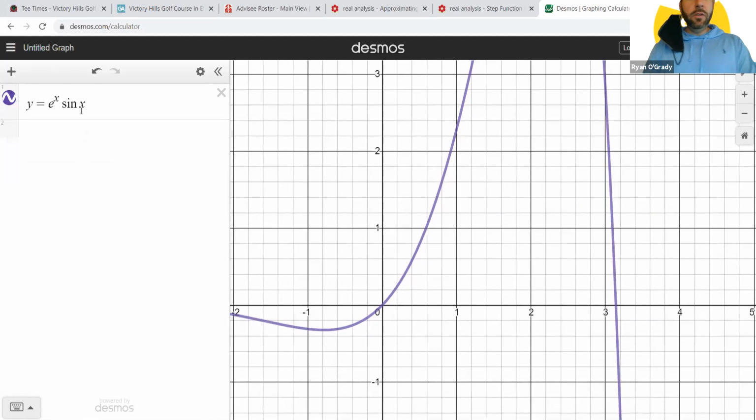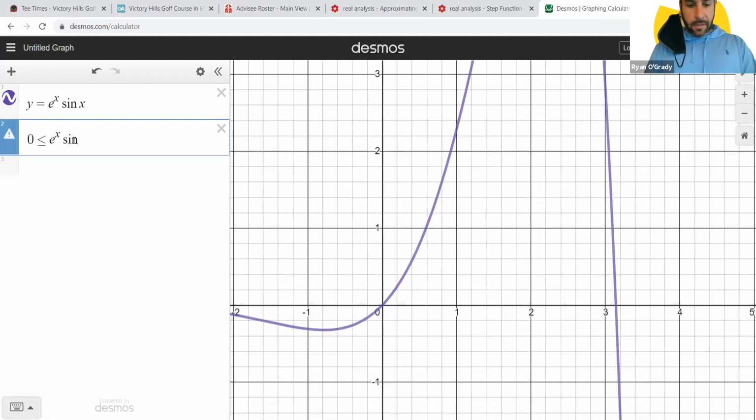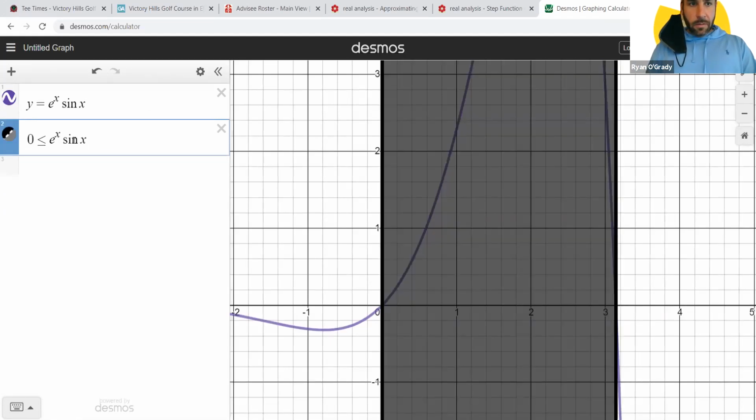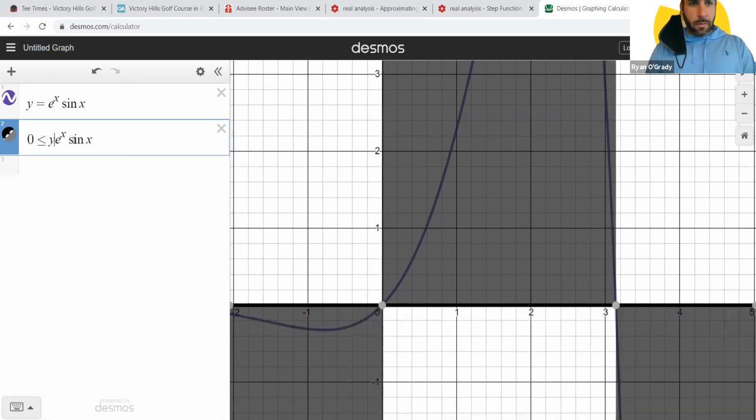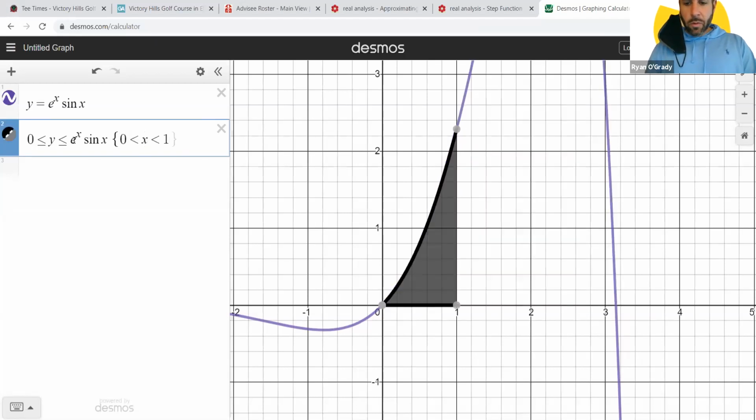So let me show you the area that we're interested in: 0 less than or equal to y less than or equal to e to the x sine x, and 0 less than x less than 1.